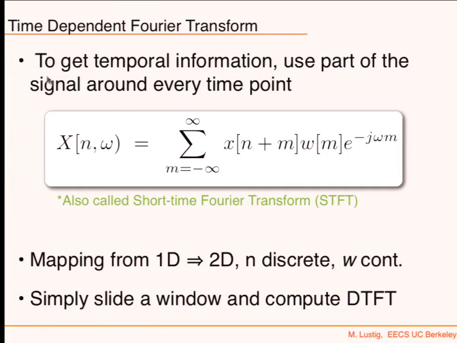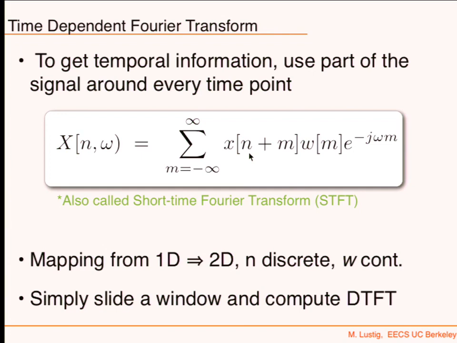To get temporal information, we use part of the signal at every time point. So what we're going to do now is the following. We're going to take our signal and multiply it with a window, and then compute the Fourier transform, the discrete-time one, the DTFT.